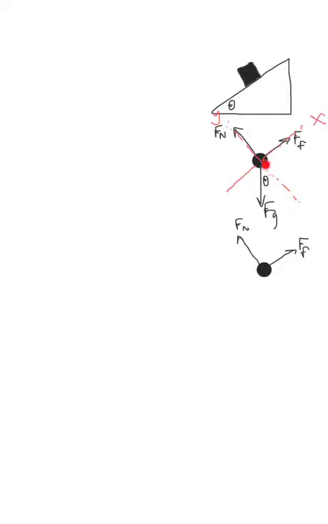This is the one closest to where the angle theta is, so this one's going to get the cosine. So we'll say that's FG cosine of theta, and down this way is FG sine of theta.